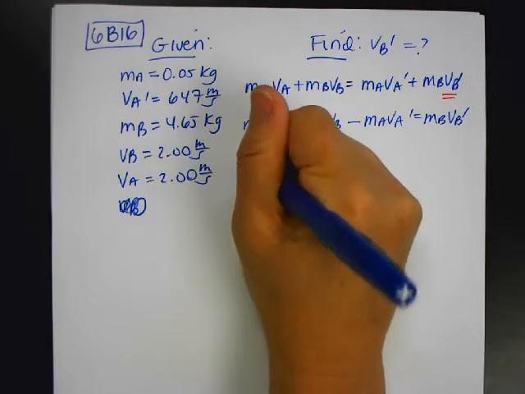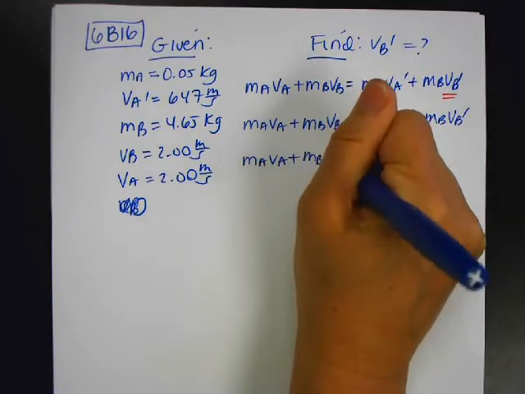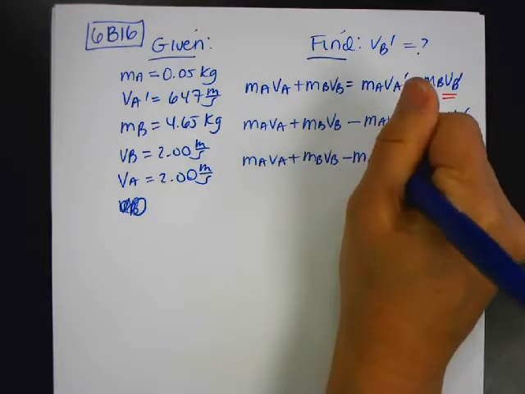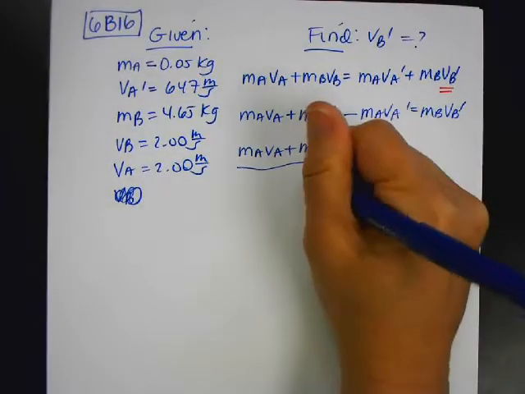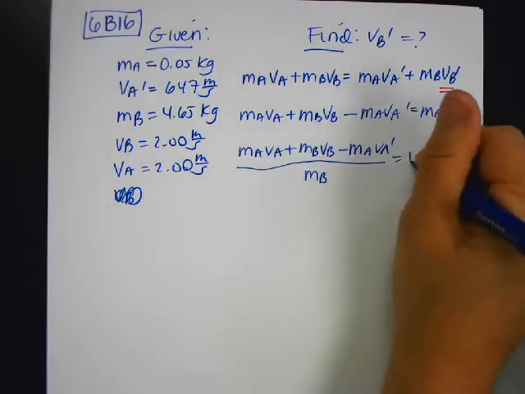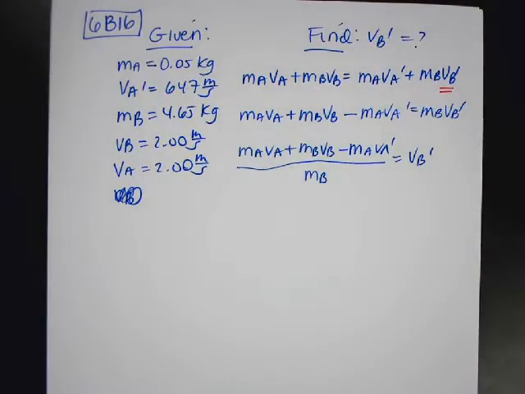So I'm going to have MAVA plus MBVB minus MAVA prime divided by MB is equal to VB prime. Now, if you just skip from here to here, that's okay. I wouldn't normally write this intermediate algebra step, but everyone's different, so you write what you're comfortable with.